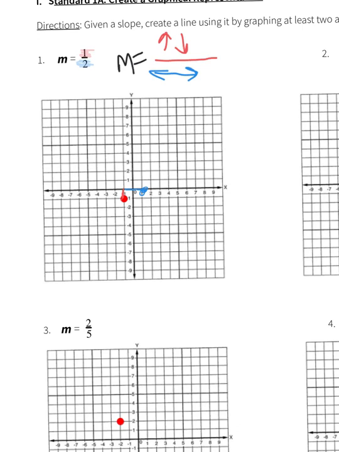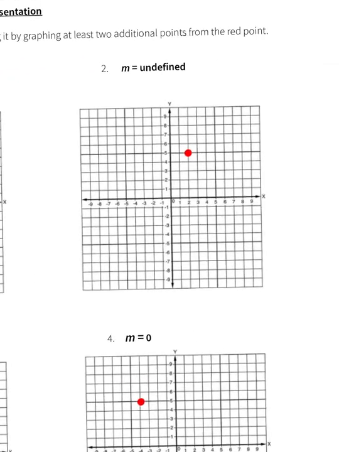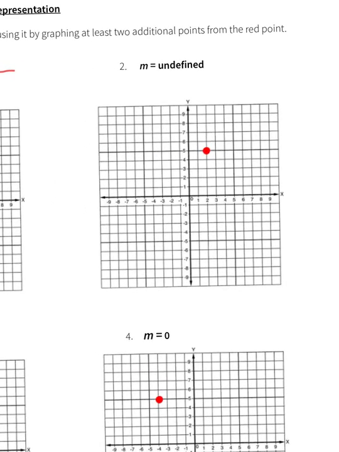Now, to draw the line with this slope, you simply connect the points with a straight line. And this line represents the slope, 1/2. Okay? Let's move on to the next one. We have undefined. When you see undefined or 0, sometimes it's hard to keep them memorized, but undefined is up and down.